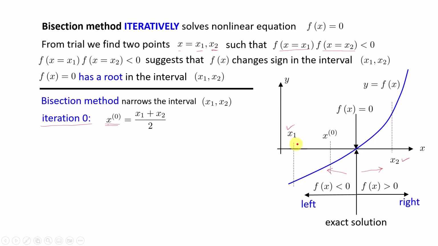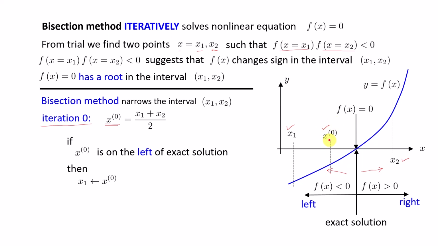So I take this x1 and this x2, add them and divide by 2. I will get it somewhere in between x1 and x2. I don't know exactly where, but let us assume it is here, and this will be my x0, that is, the 0th iteration of x.